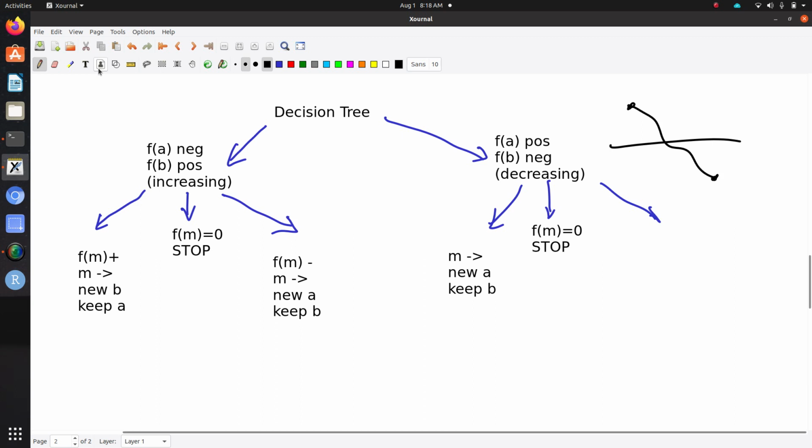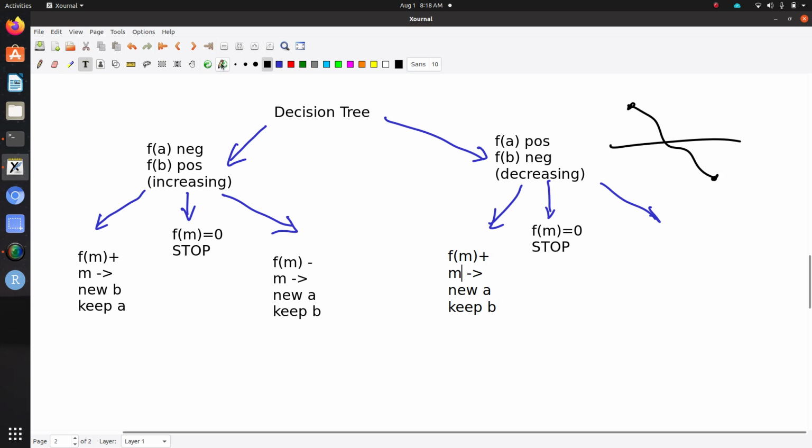Somehow I managed to not type this in for you. F of m is positive, then m becomes the new a, and we keep the b.